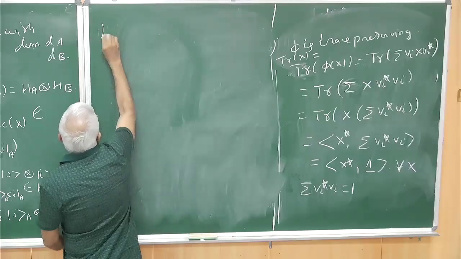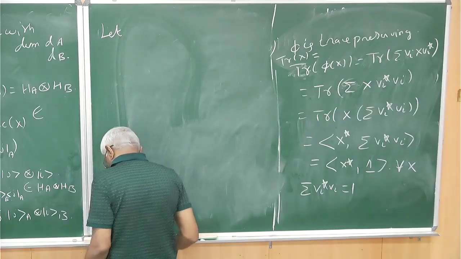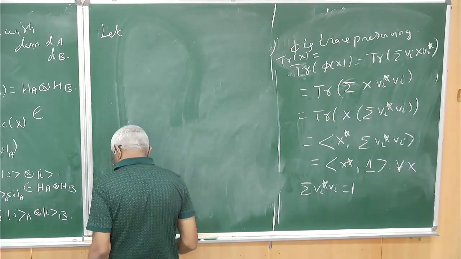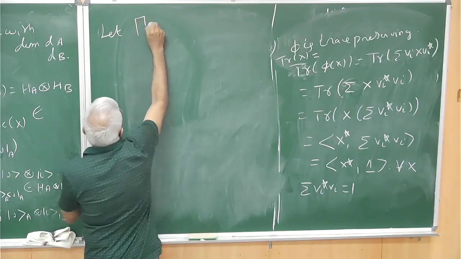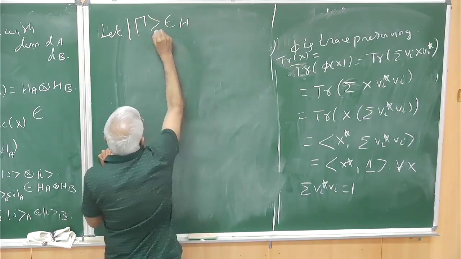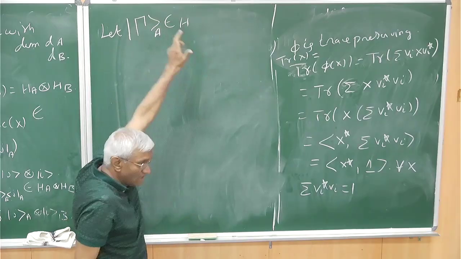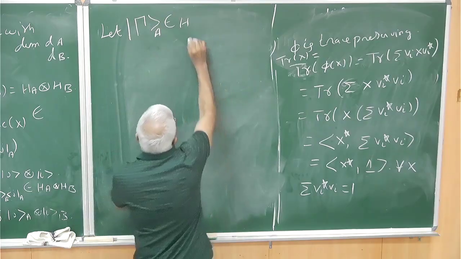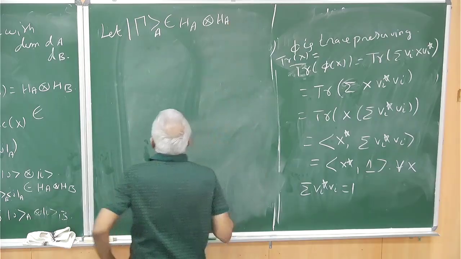Let gamma be a vector in HA tensor HA. When I write B here, it is HB tensor HB.